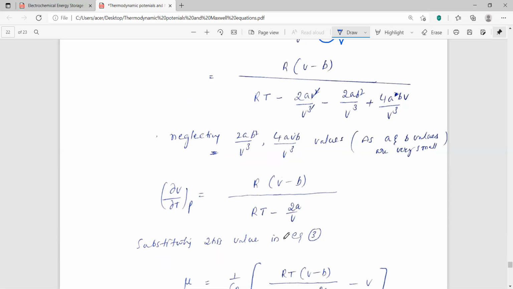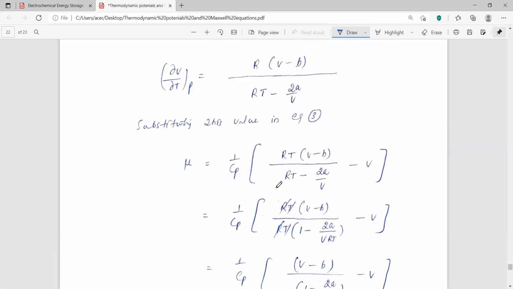Substituting this value in the equation number 3. As you know, mu equal to 1 by Cp of T into dou V by dou T at P minus V. So, instead of dou V by dou T at P, if I substitute this value, what will happen? 1 by Cp equal to RT into V minus B whole by RT minus 2A by V, minus V. Here RT and RT.